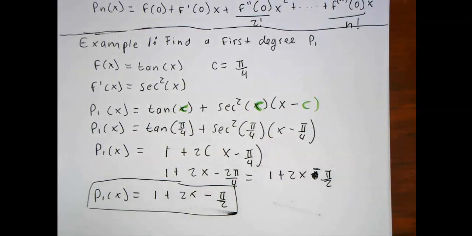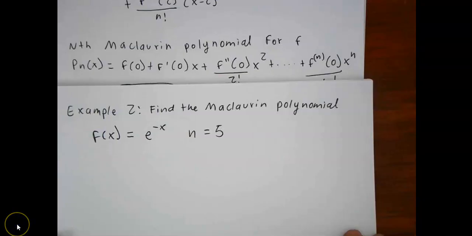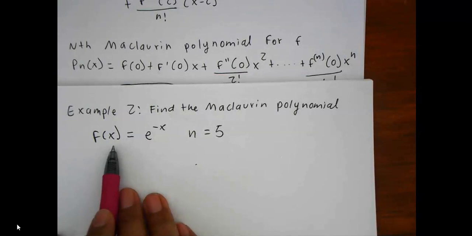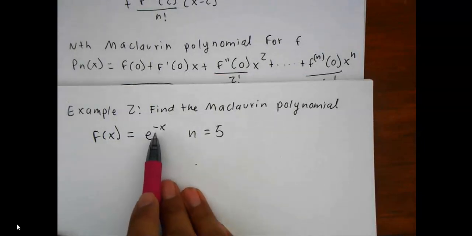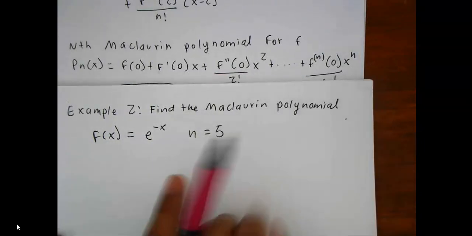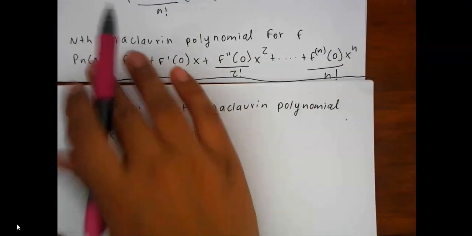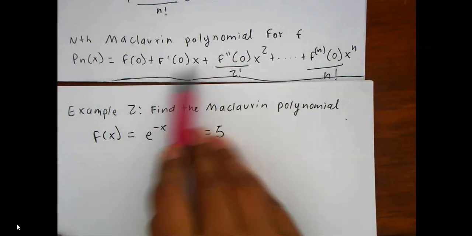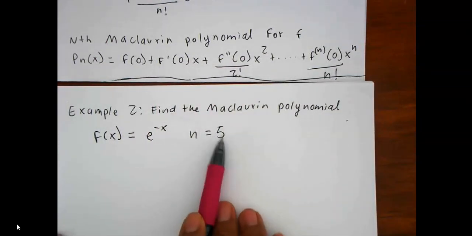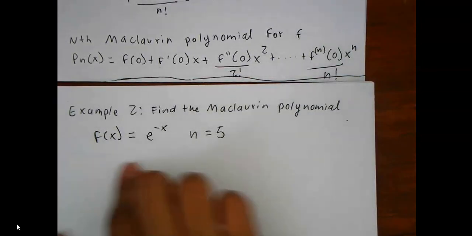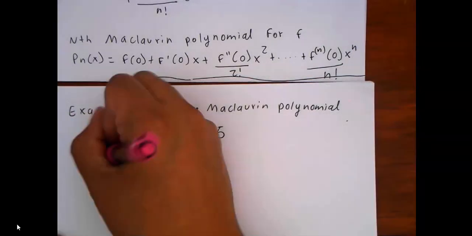Okay, second example. Example 2, find the Maclaurin polynomial. In this case, the function f is e to the negative x, and n is 5. So remember, we're going to have f of 0, and then the first derivative, second derivative, and in this case I need to go all the way to the fifth. We have the function, and we're going to do the first derivative.